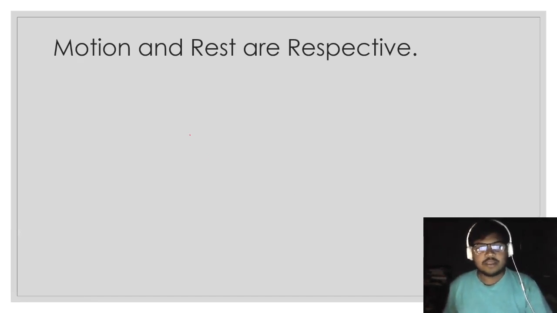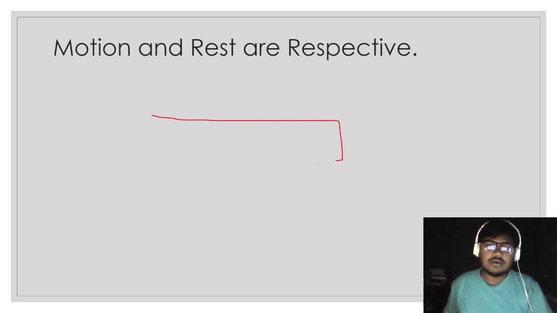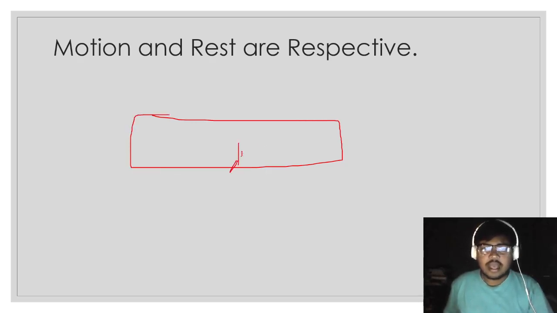So now see what motion and rest are, respectively. Let's consider you are traveling in a train, and you are sitting here, and another person who is not inside the train, outside the train, is standing over here. Now, from your perspective, the whole train is at rest, and the outside world, including this person, suppose his name is Ram, including Ram, is moving in the backward direction.